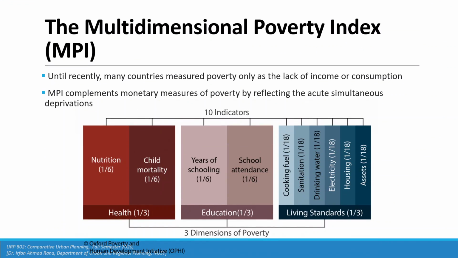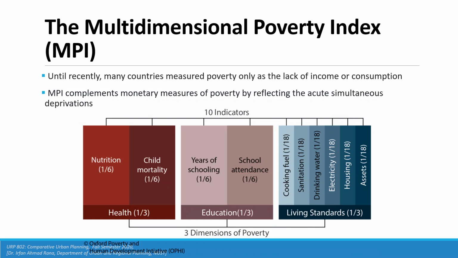In terms of the multi-dimensional poverty index developed by the University of Oxford under their Oxford Poverty and Human Development Initiative and UNDP, other indexes were more focused towards economic aspects. If we recall, poverty is generally measured in terms of income.